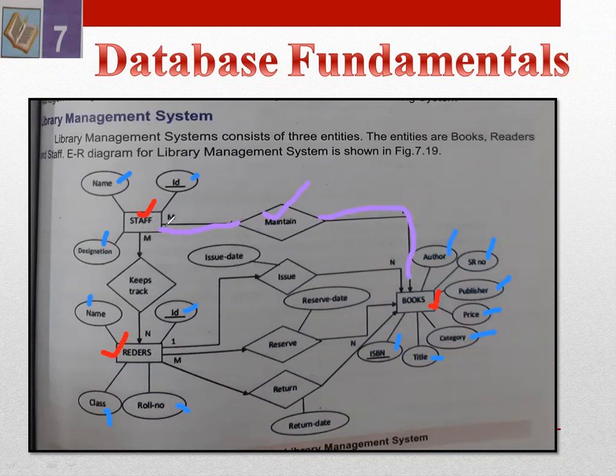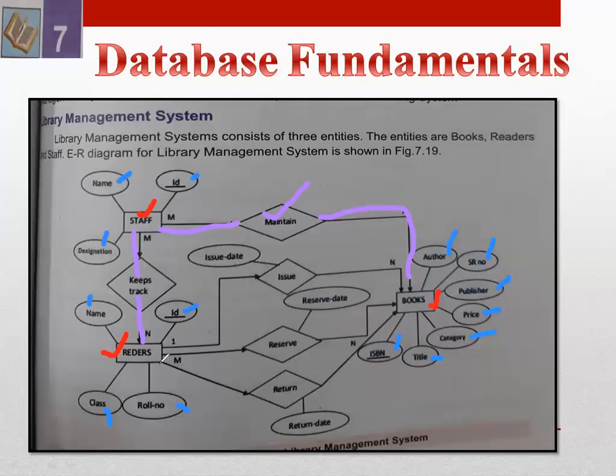This is a relationship between the entity staff and the books. On the other hand, you can view the staff keeps track of readers. So here the relationship is the staff keeps track of readers. This is the relationship between the staff and the readers.